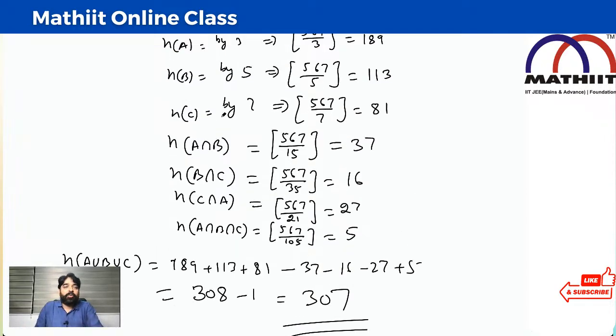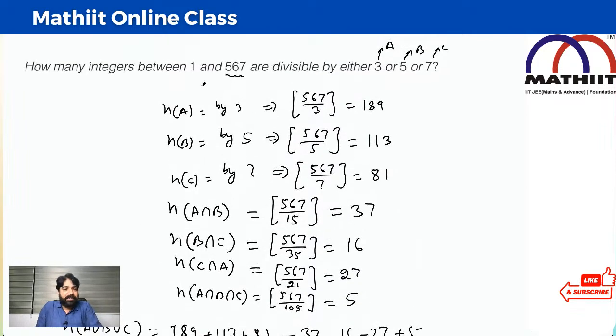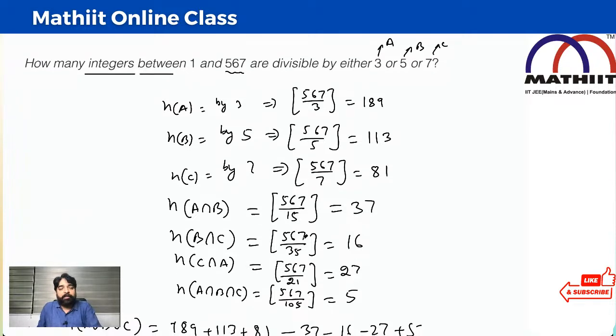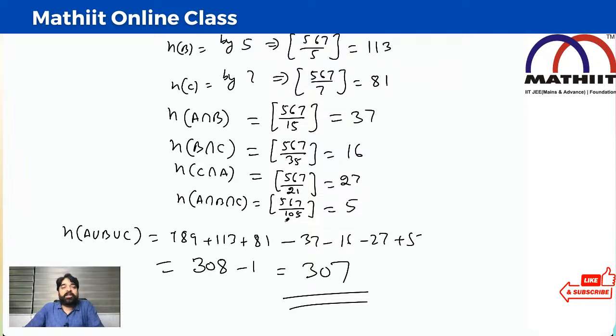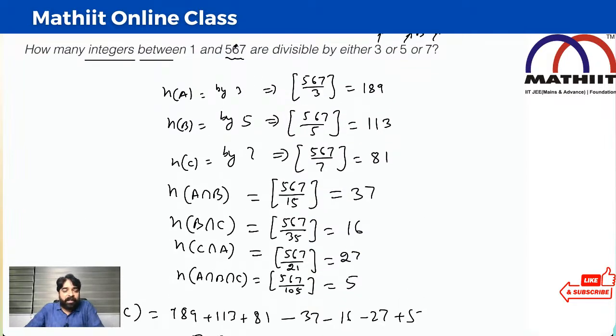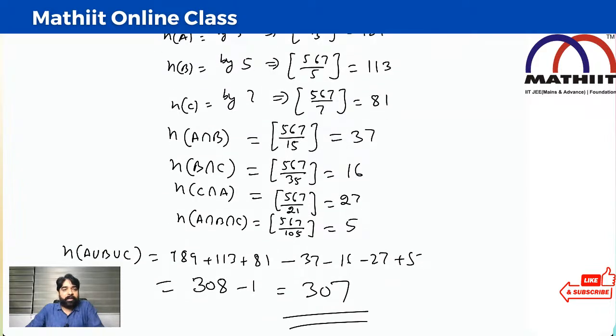In fact, I should have taken the number 566. But since I started with 567, I noticed only now that the question mentions between, so we have to exclude this part. That's why I removed it. Those who got 308, that's correct, but you have to use 566 when you are using this formula. Am I clear to everybody?